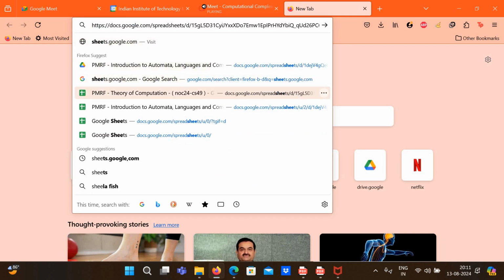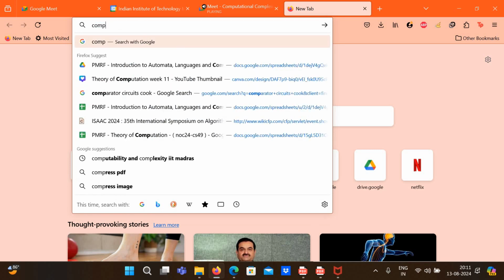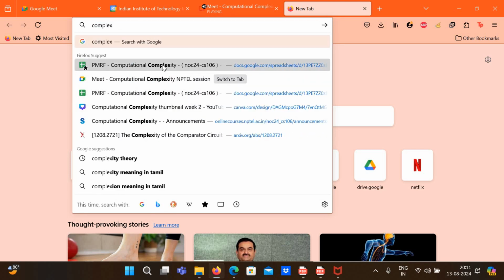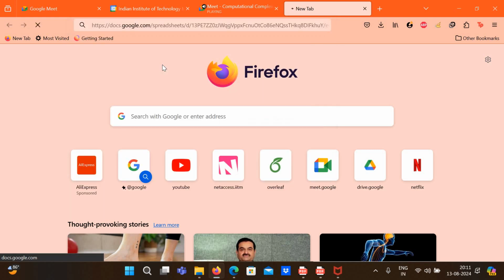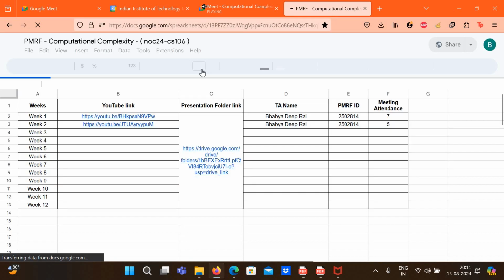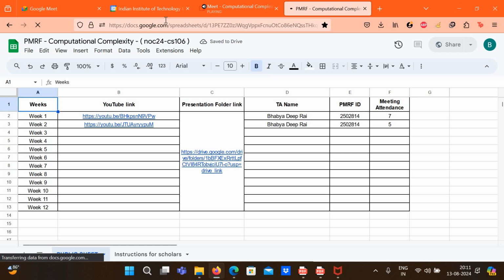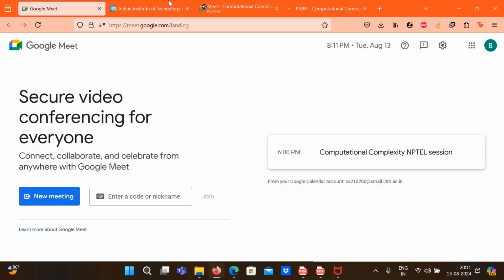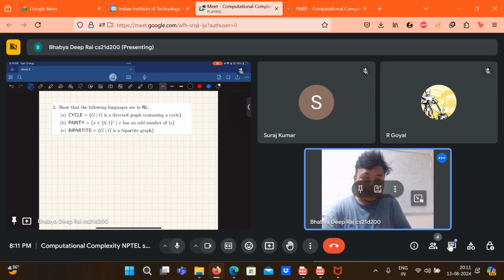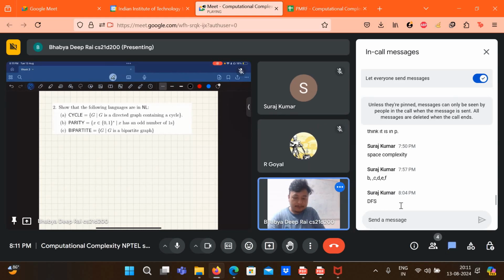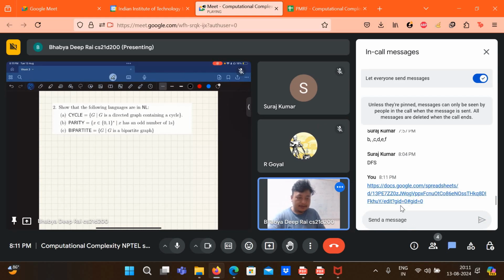Okay, wait, I'll share it in the chat. Here, I've sent. In this spreadsheet there is a Google Drive link, and in that Google Drive link I upload the notes.